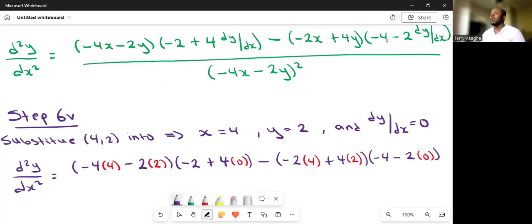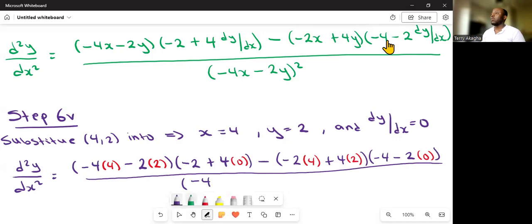Close the bracket, all divided by, you open the bracket, minus 4, anywhere you see x, you put 4, minus 2, anywhere you see y, you put 2 there. Then you close all the brackets and squared. Then you punch all this into your calculator.